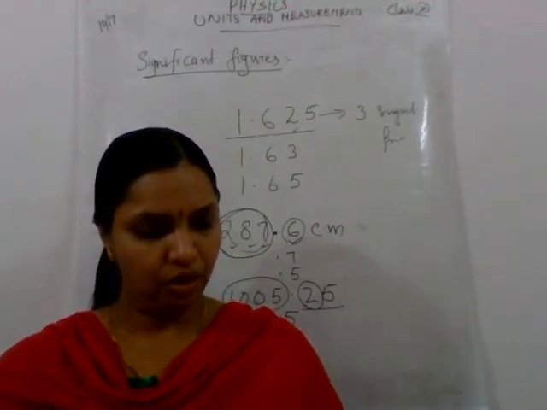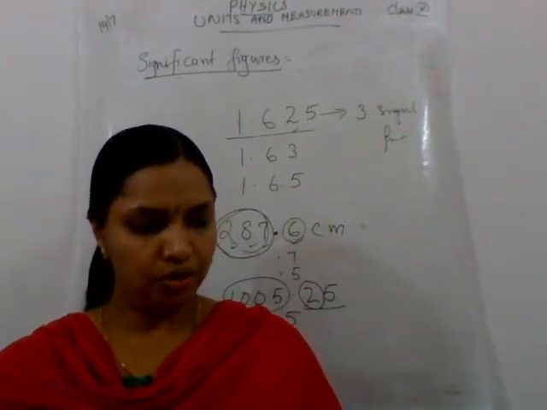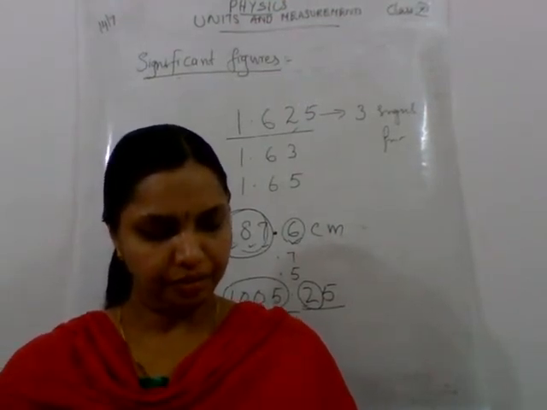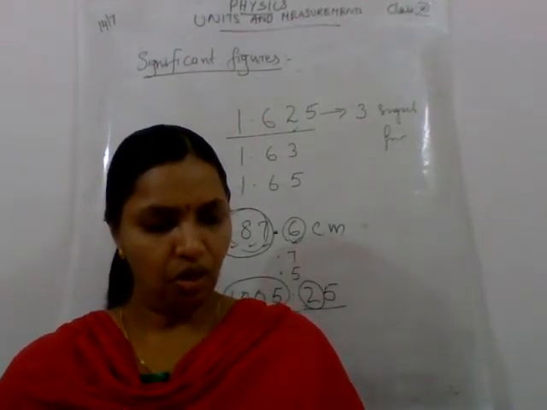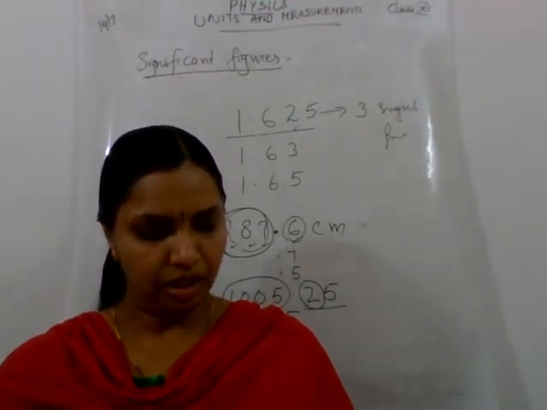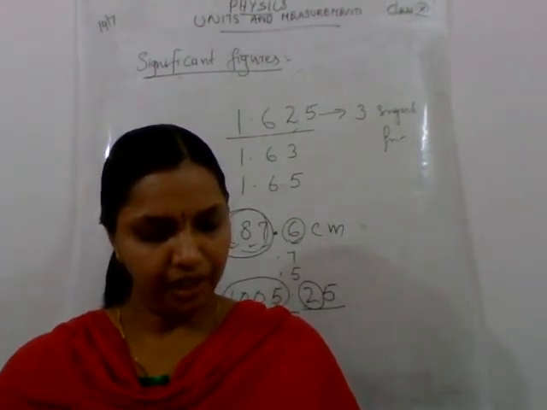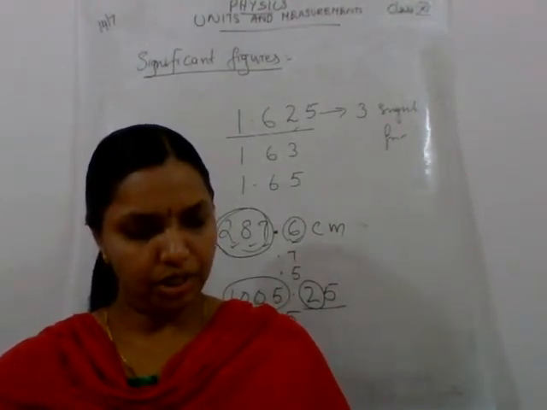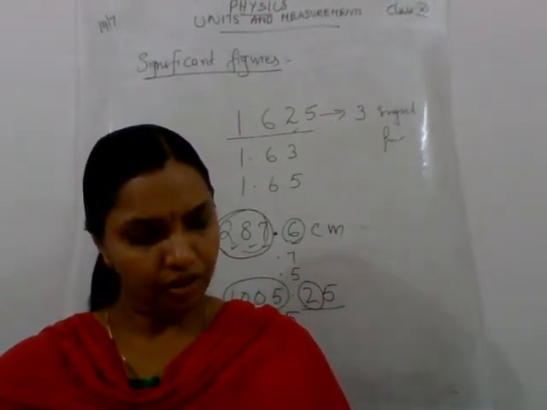Fifth one, all zeros to the right of a decimal point are significant. Sixth one, all zeros to the right of a decimal point, but to the left of a non-zero digit, are not significant.